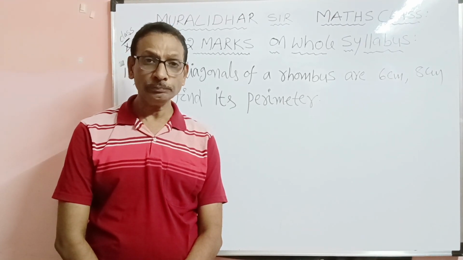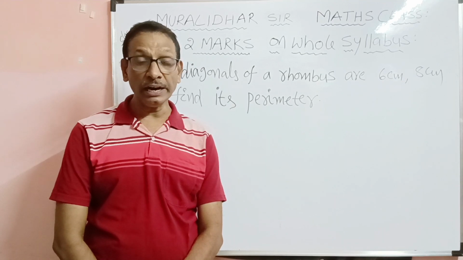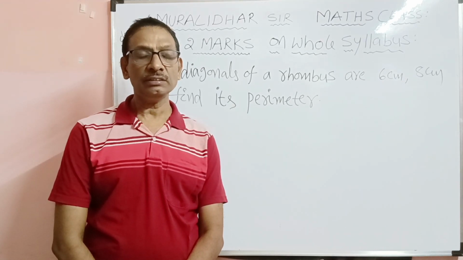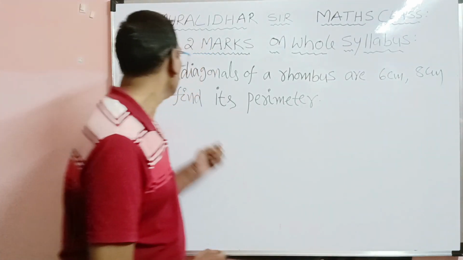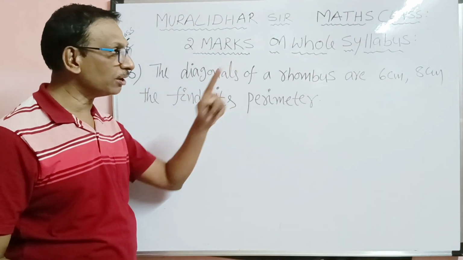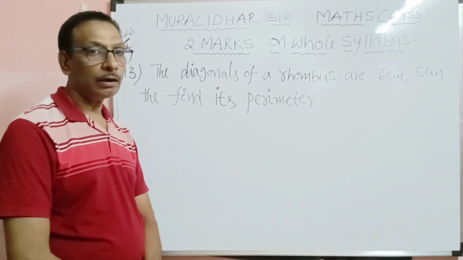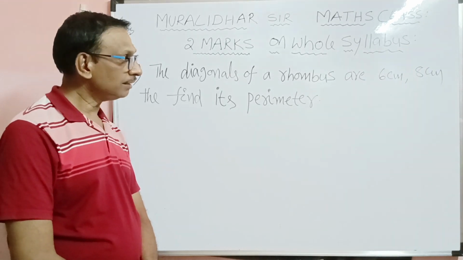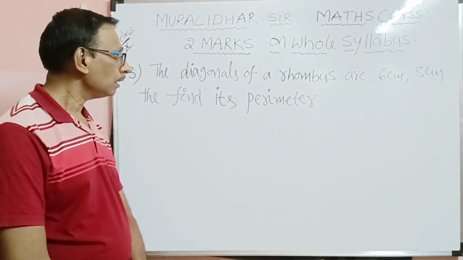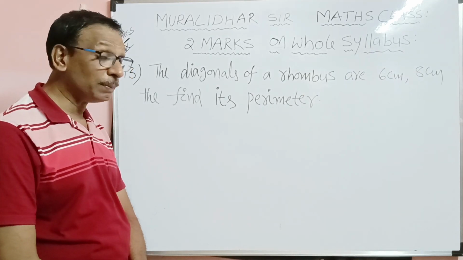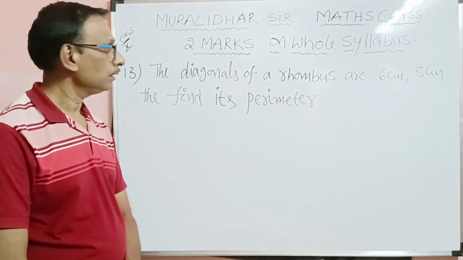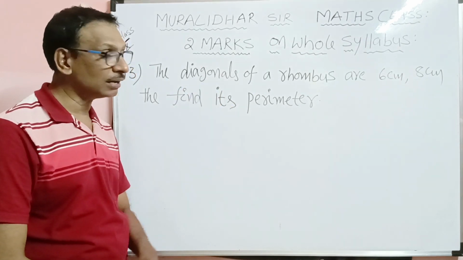One more problem. This is related to similar triangles. The diagonals of a rhombus are 6 centimeters and 8 centimeters. Then find its perimeter. Diagonals of a rhombus are given.